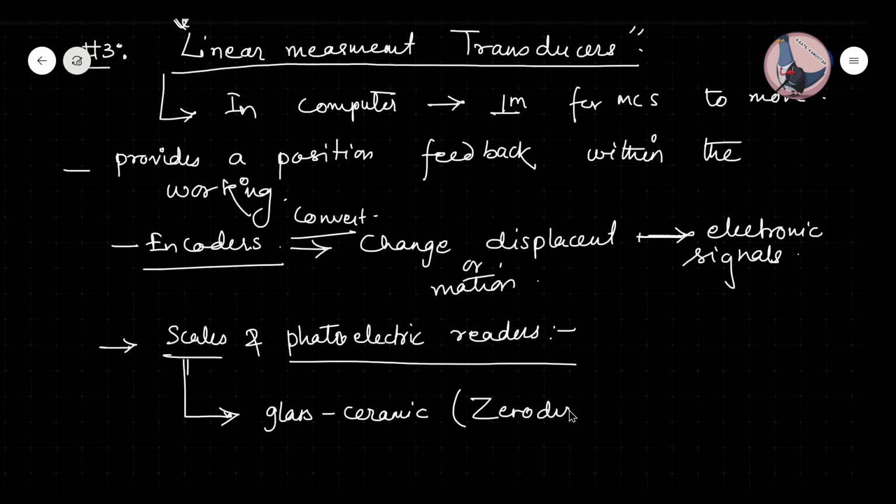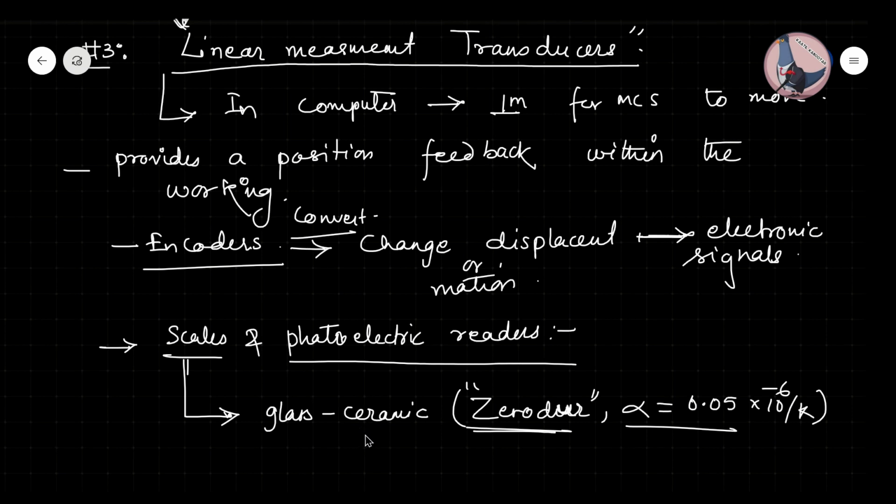A very common material is Zerodur. Why Zerodur is used, you can remember this. It is a very important material. The beauty of this material is that alpha is so small, I can't even tell you. It's 0.05 times 10 to the power minus 6 per Kelvin. So this is almost equal to zero, so there is no change in length with temperature variations.